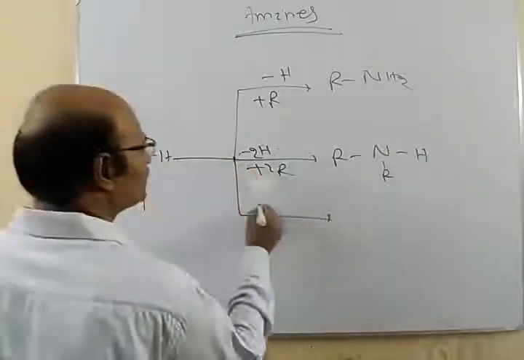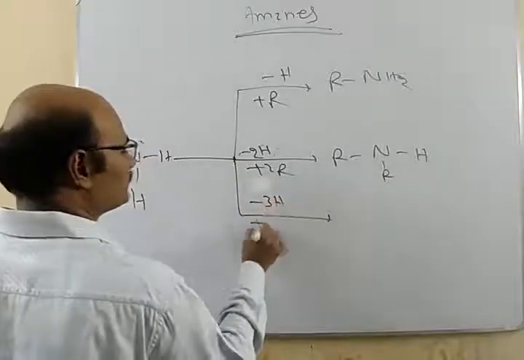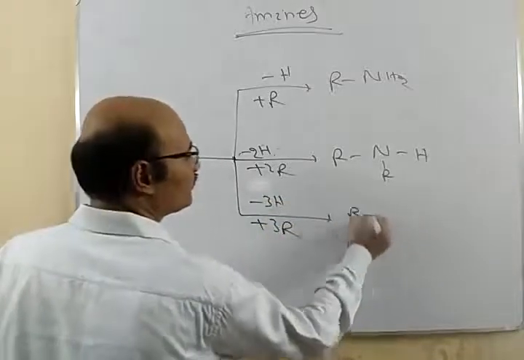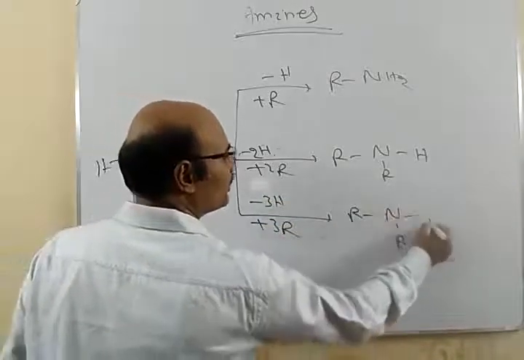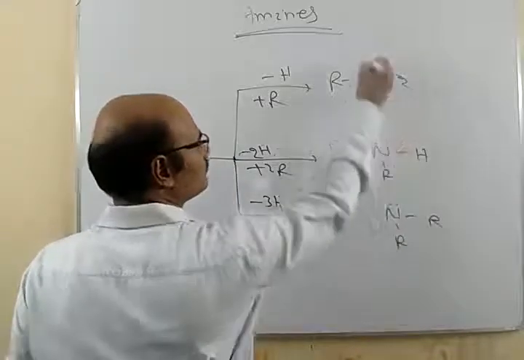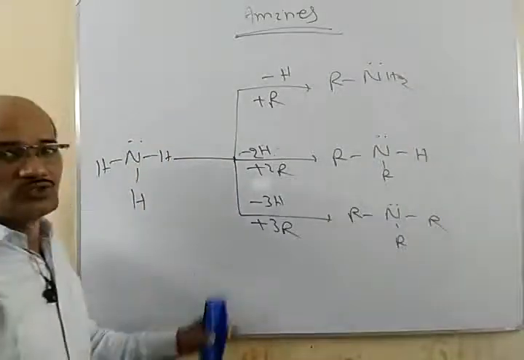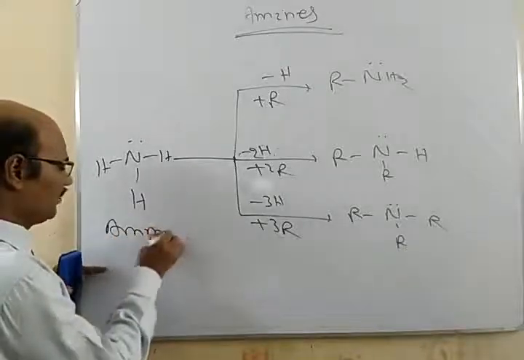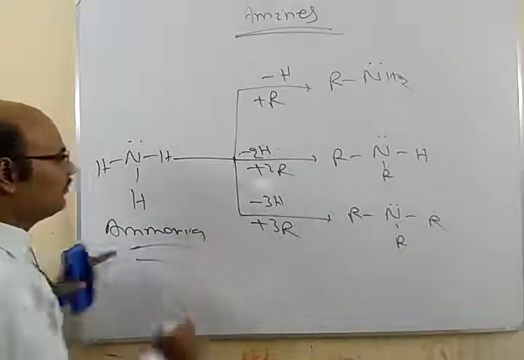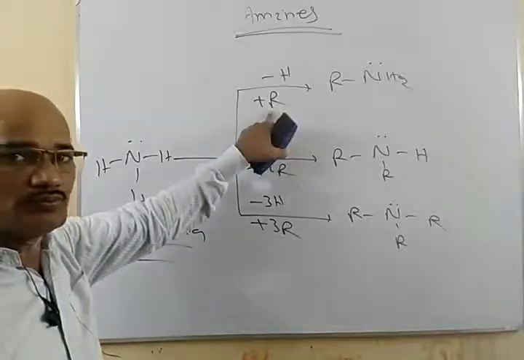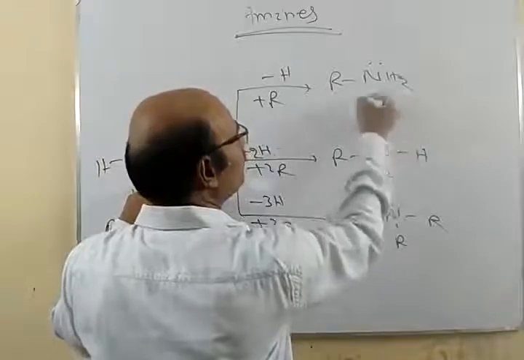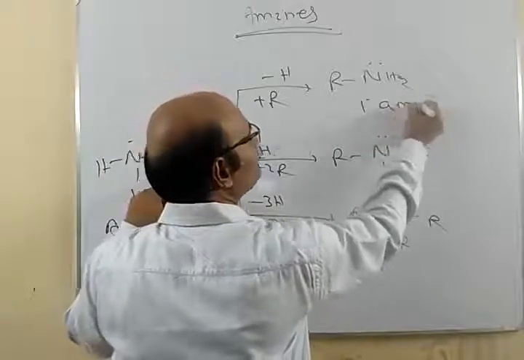And if I replace three alkyl groups, I will get R-N(R)-R. Here you see, from ammonia I replace one hydrogen with one alkyl group, I get RNH2, which is called a primary amine.